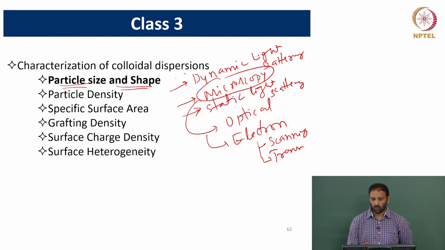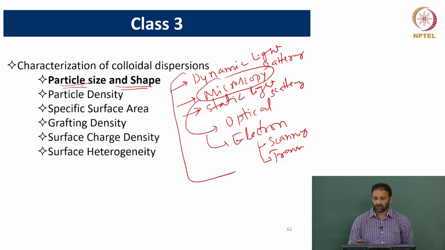But which technique you use for measuring particle size depends. If you have any a priori knowledge about a typical size range in the dispersion, then you can choose the technique appropriately. If the particles are a few microns in size, then I would go for optical microscopy.